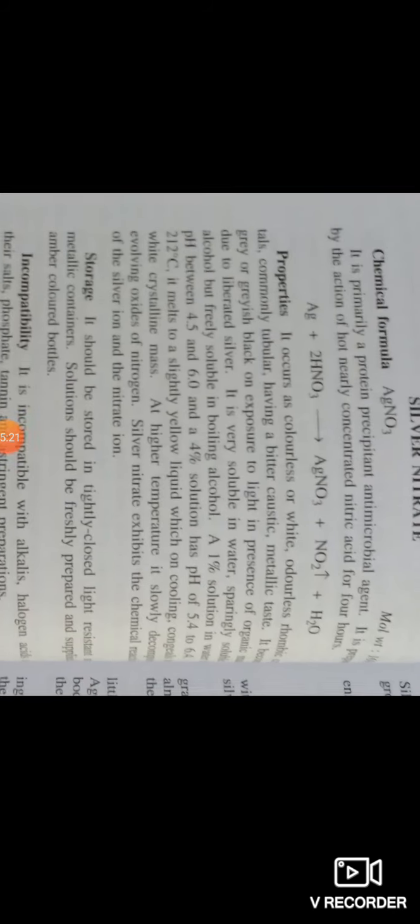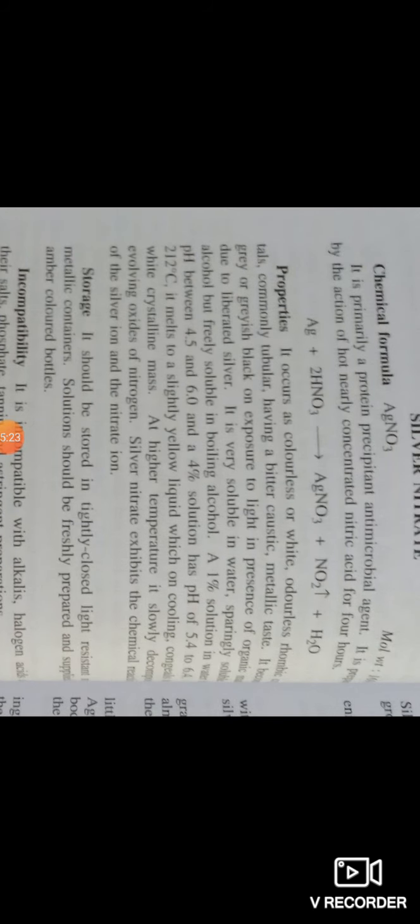Next, silver nitrate. Silver nitrate has the chemical formula AgNO3. It is a protein precipitant and antimicrobial, prepared by treating silver with concentrated nitric acid.